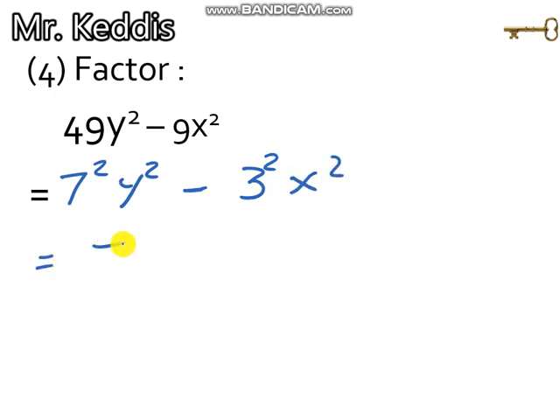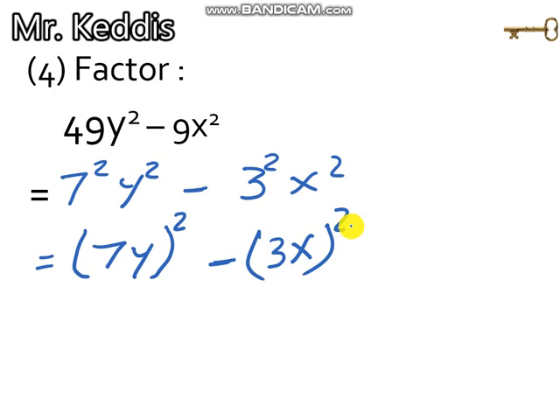This means 7y quantity squared minus 3x quantity squared. This is now the difference between two squares. To factor this, 7y minus 3x and 7y plus 3x.